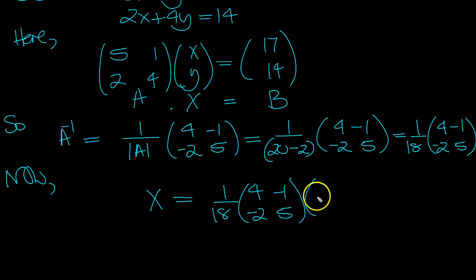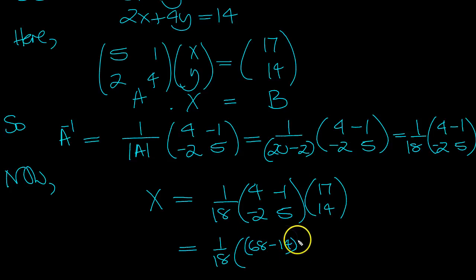And B is this matrix here, 17, 14. So we've got 1 over 18. First row, first column, 4 17s are 68. Take away 14 is the first row, first column entry.